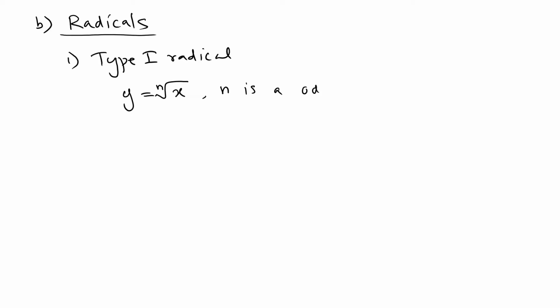When you have odd positive integers, things like 1, 3, 5, 7, those are the odd positive integers.